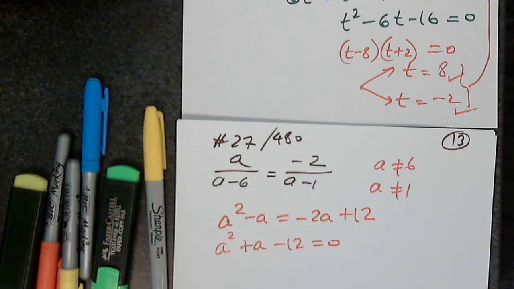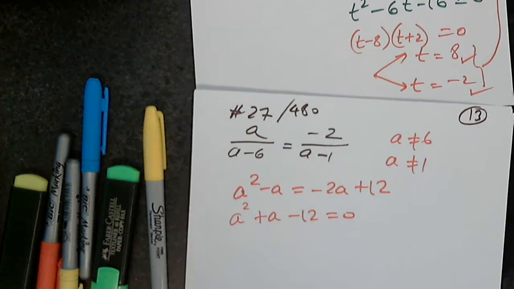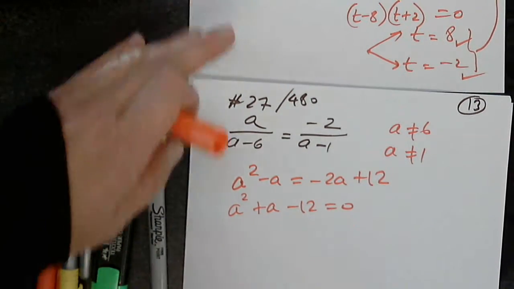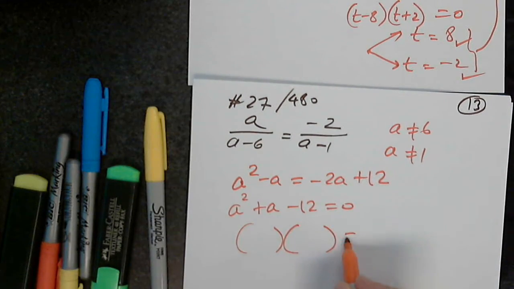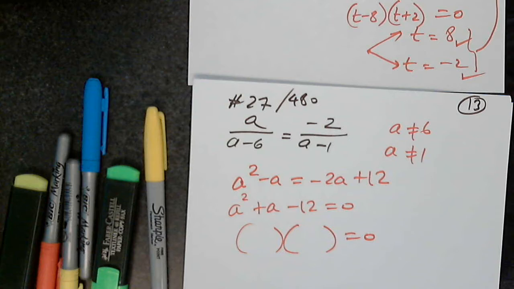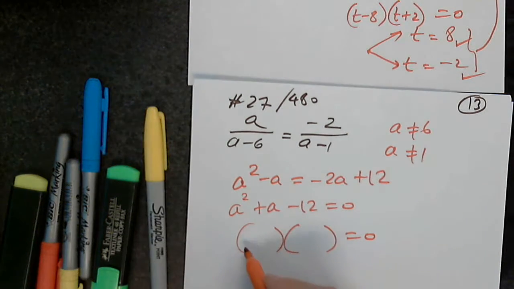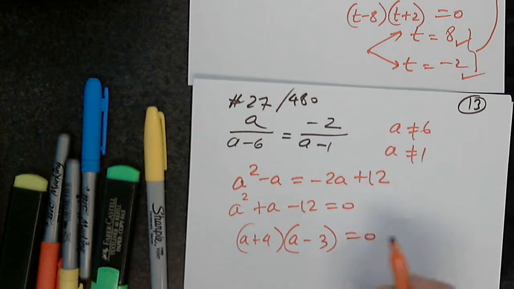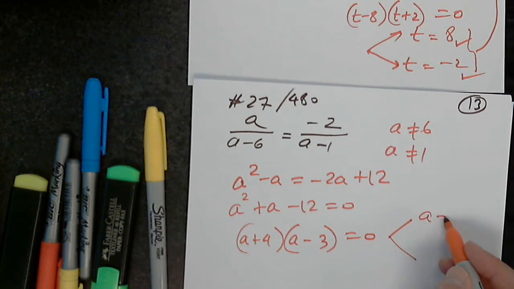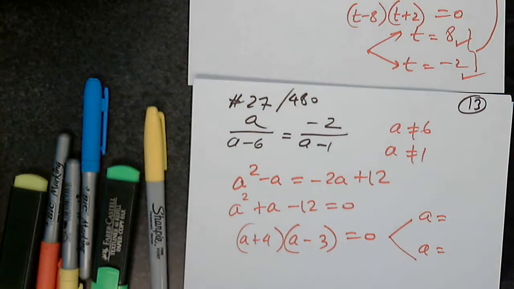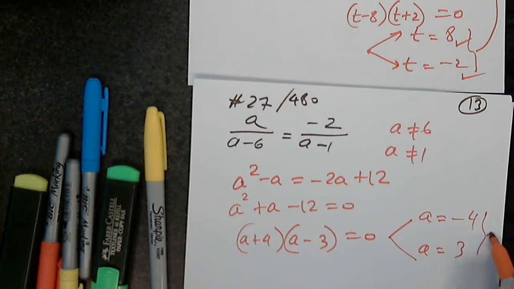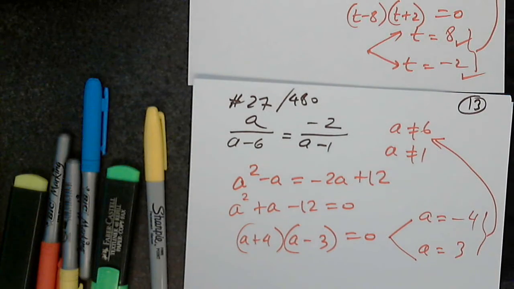I move 12 to the other side, it becomes negative 12, of course. And the left-hand side is? Careful. a plus 3, a minus 3. And there are two options. a is. Are these among the restrictions? No. So they are acceptable.